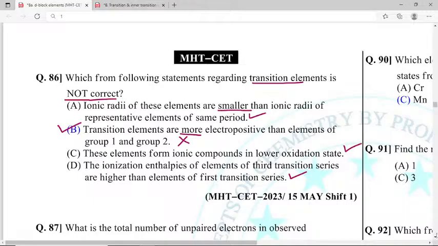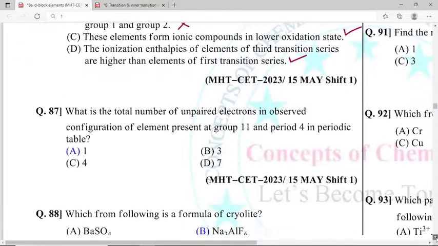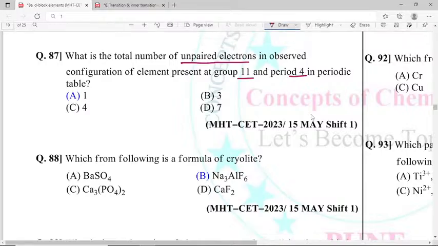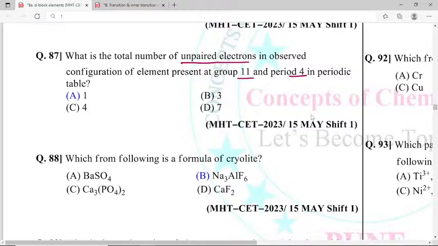Next question. This is again a very important question. Please note down, IMP question for 2026 CET exam. What is the total number of unpaired electrons in the observed configuration of the element of group 11 and period 4? Group 11 and period 4.